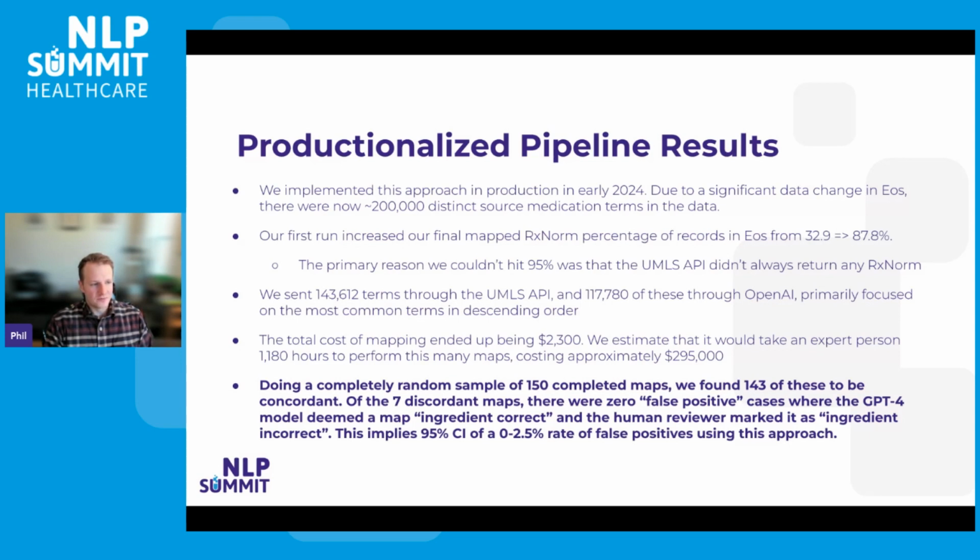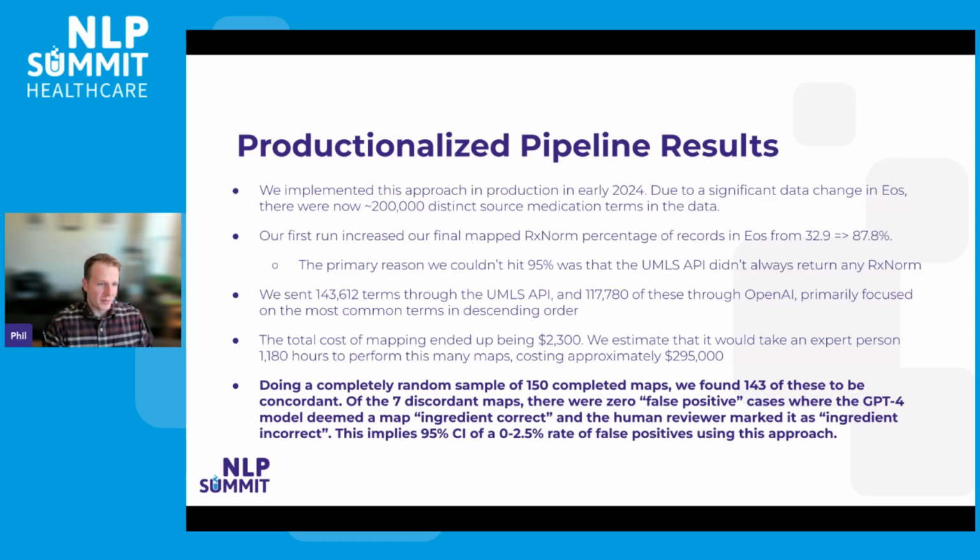We did an alpha run of this mapping pipeline, and we were able to increase the overall percentage of records that we could map to RxNorm from 32.9% to 87.8%. We sent about 140,000 terms through the UMLS API, and of these, 117,000 through the OpenAI step of the mapping, focusing on the most common terms.